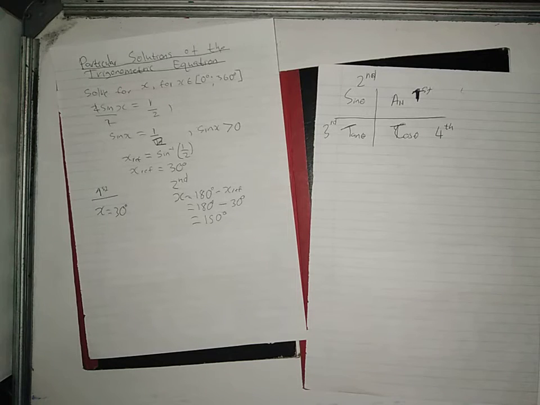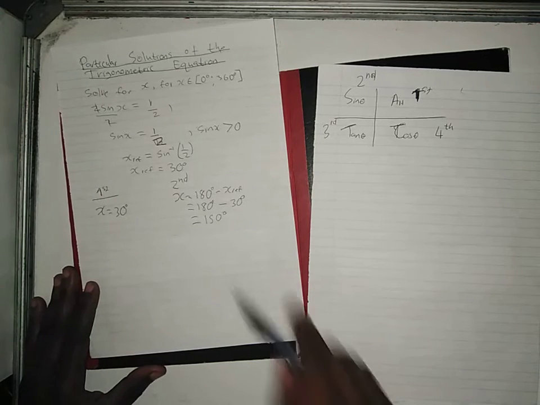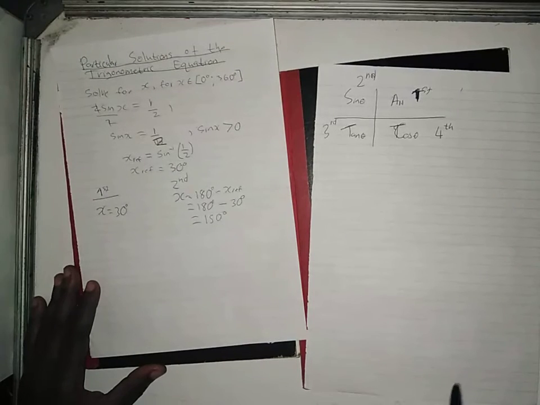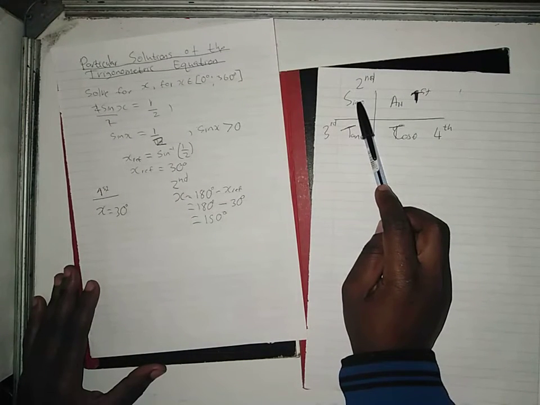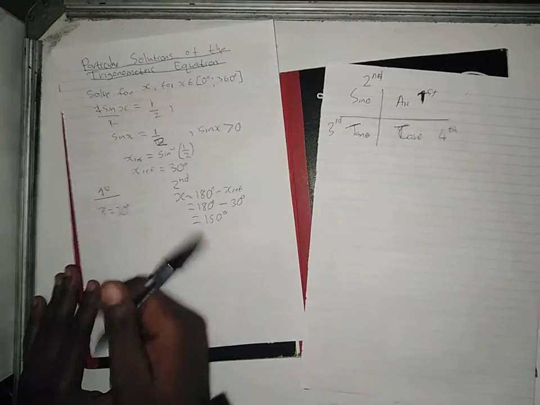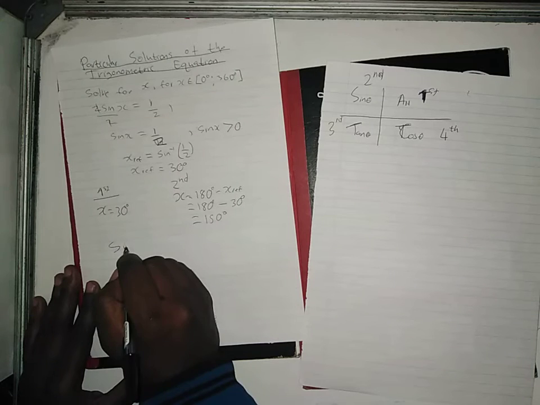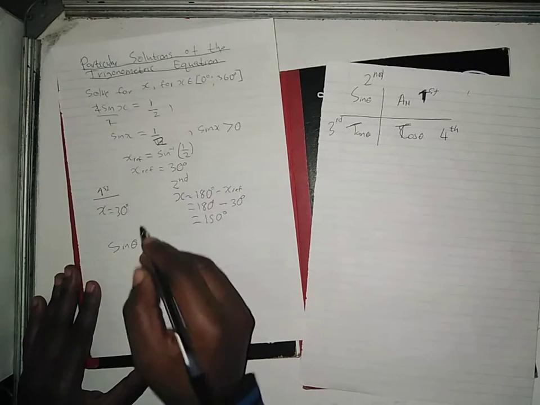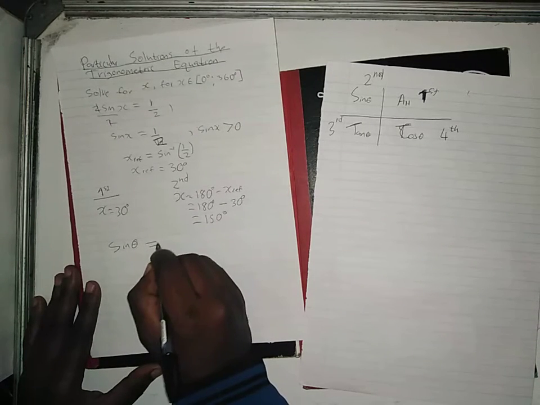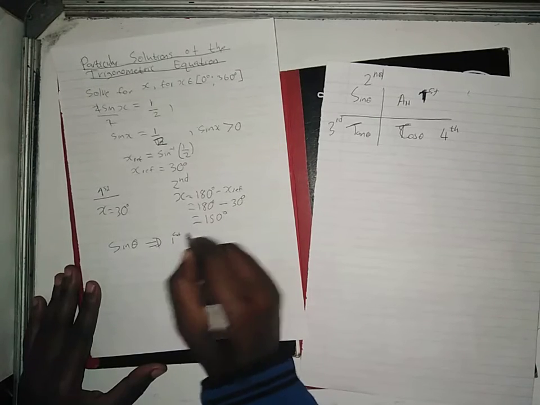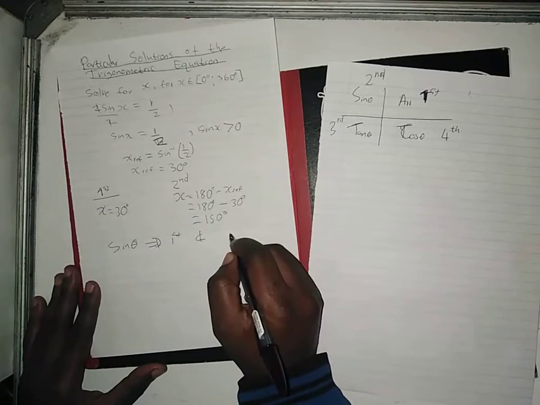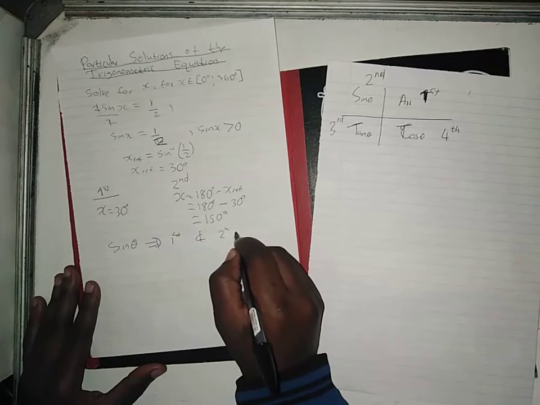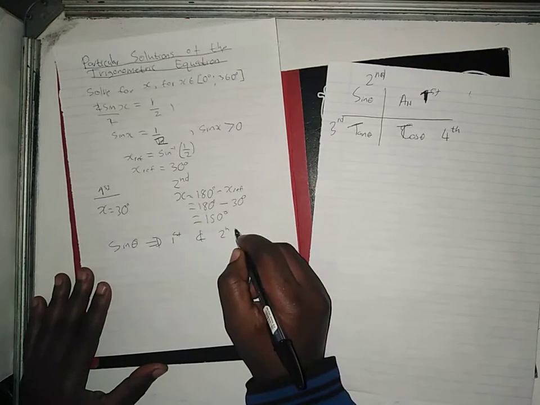Okay, so the solution for sine theta, whatever value it has here, if it's positive, then it is in the first quadrant and the second quadrant. So for sine theta or sine x or whatever, the solution is in the first and second quadrant.